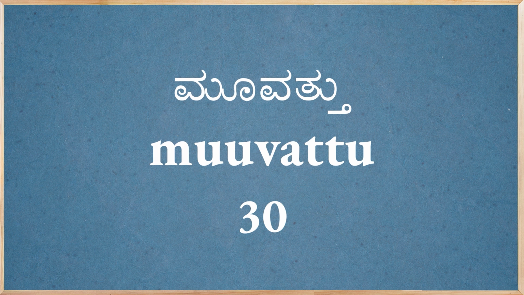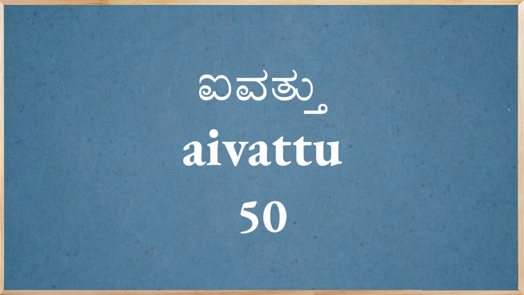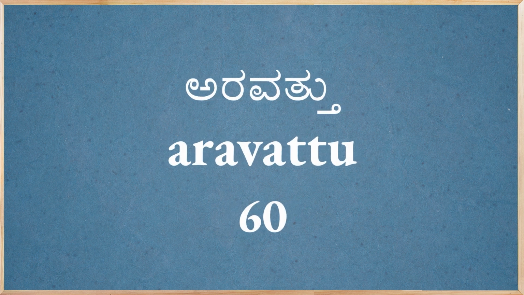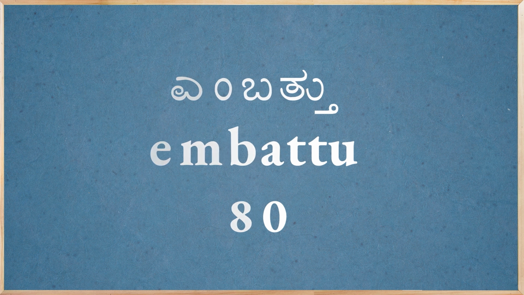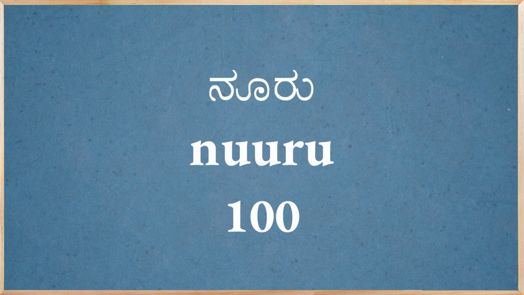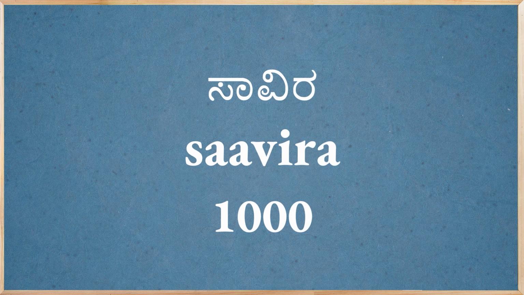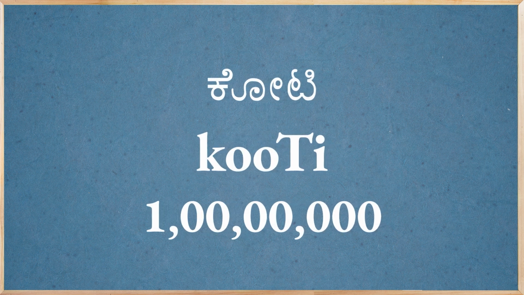Moving forward, larger numbers are formed by combining these basics. 30, as I told you, for 30, 40, 50, 60, 70, 80, 90, 100, ಸಾವಿರ, 1000, ಲಕ್ಷ, a lakh, ಕೋಟಿ, crore or 1 crore.